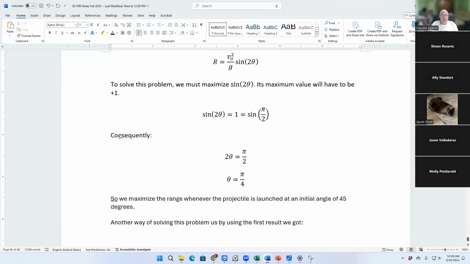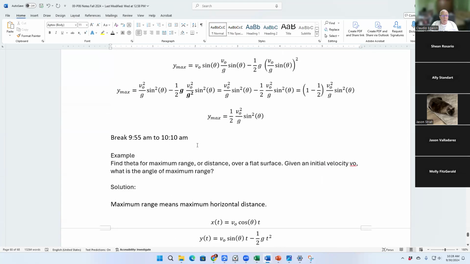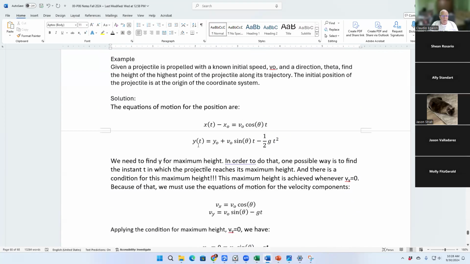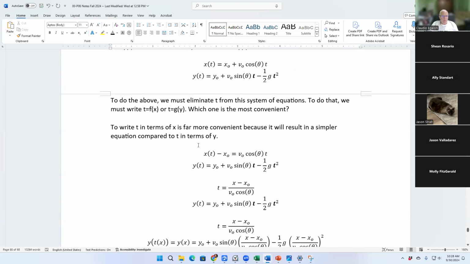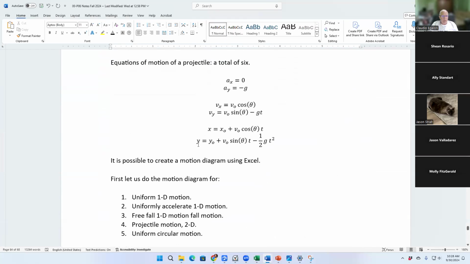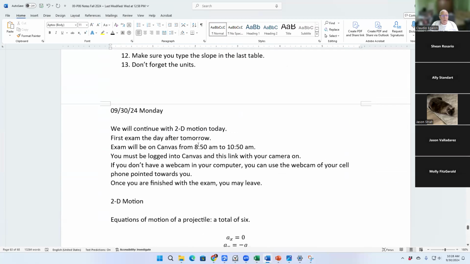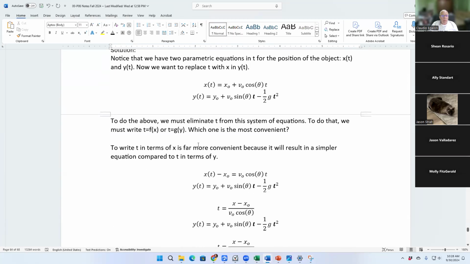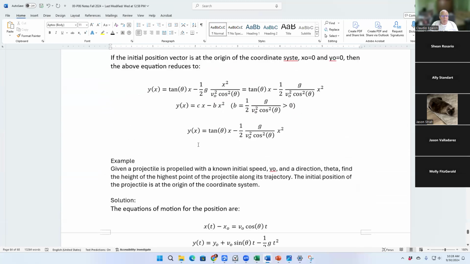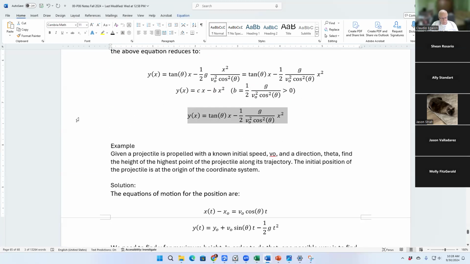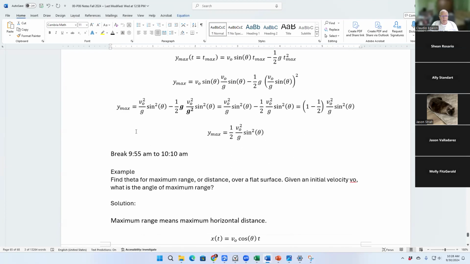Remember that before? Let's take a look. Here you go, y as a function of x. The very first result we got. Let's see. Here you go, this one here. Okay.